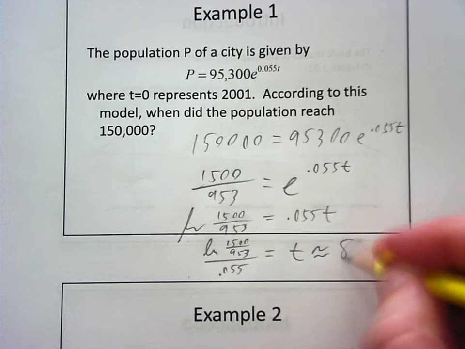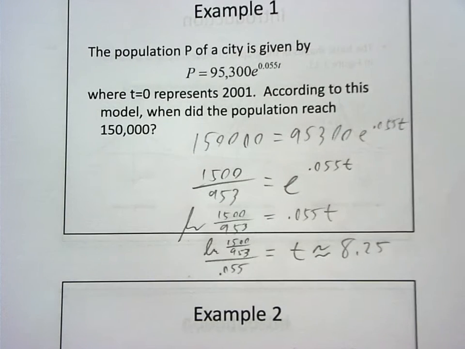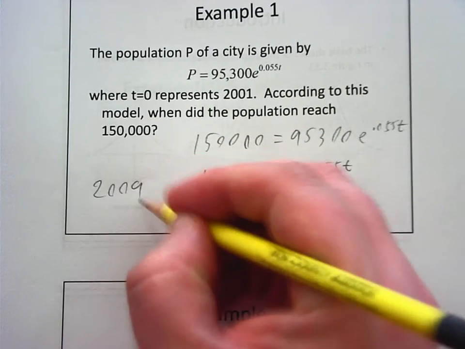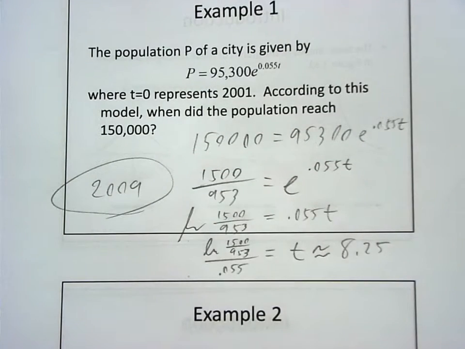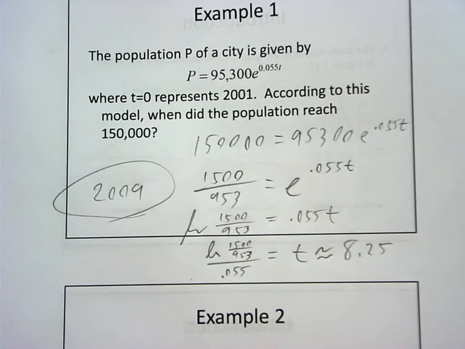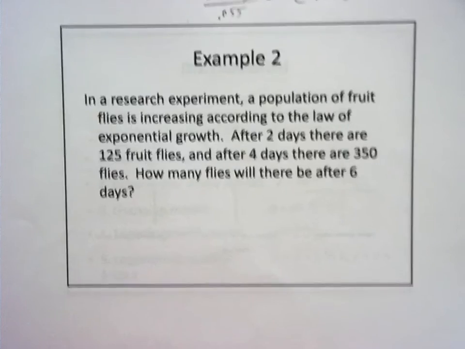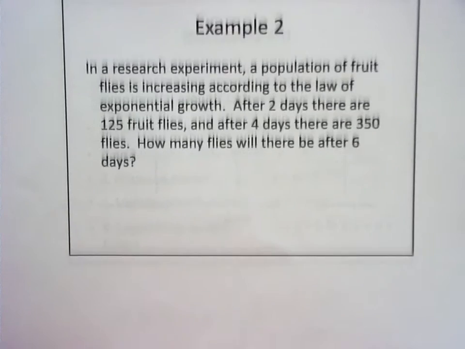Yeah. 8.25. Then what would the actual answer be? 2009. Because if t sub 0 is 2001, add 8.25, you get 2009. Okay, not too bad when they're models that we're really familiar with. Or when they give you blatant information like that.